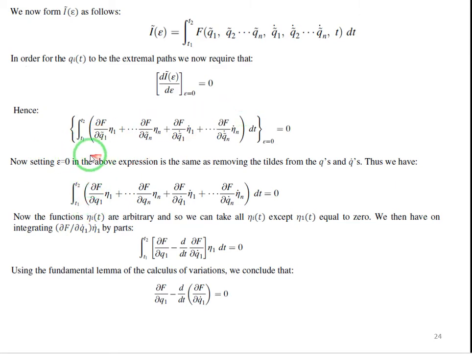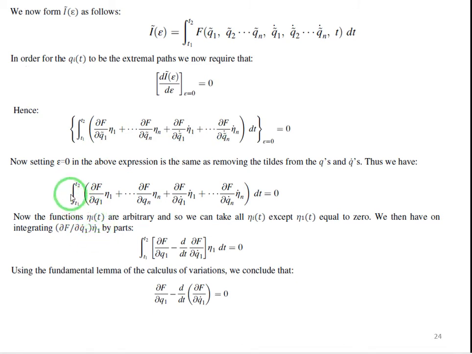So we can say that the partial derivative of f with respect to q tilde at epsilon 0 is equal to the partial derivative of f with respect to q1, or in other words, we can drop the tilde from the above equation at epsilon equal to 0.